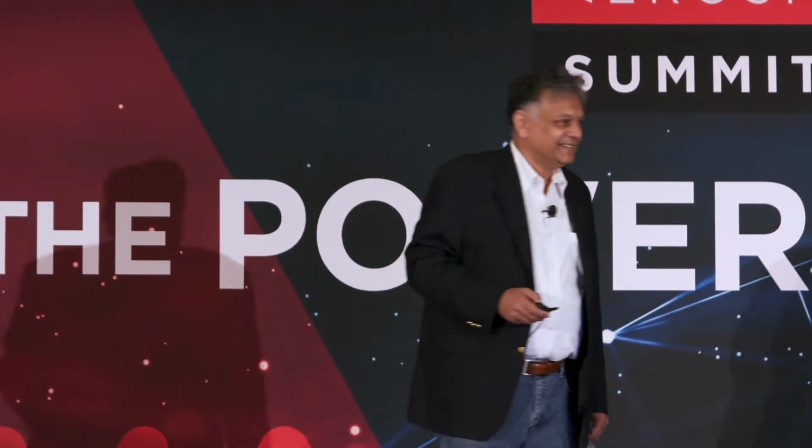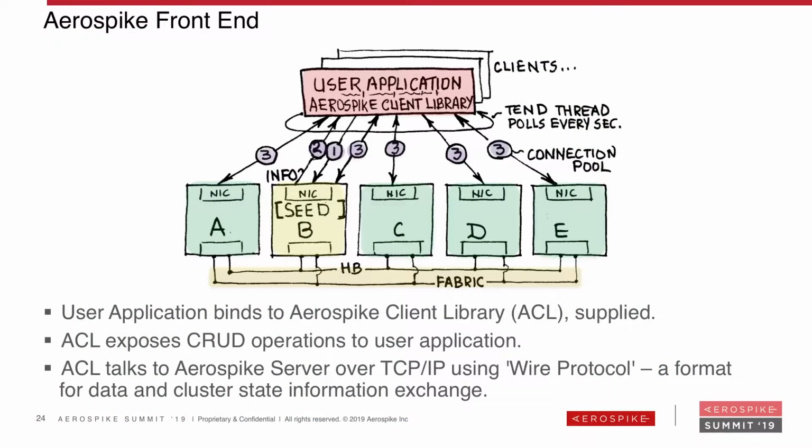So, all right, getting to the front end, the Aerospike client library is what your application binds to. And the client library does two things. It provides you all the API interface for doing all the CRUD operations and other things, but it also monitors the state of the cluster.